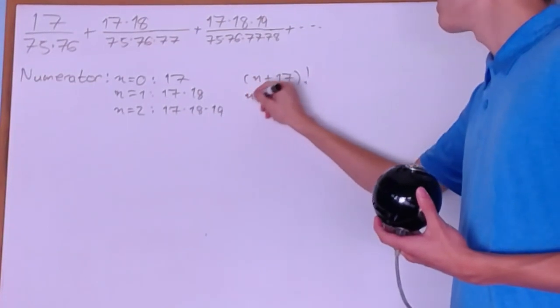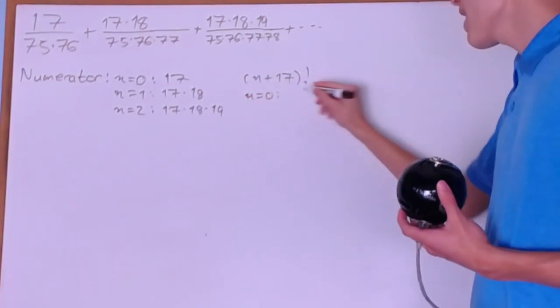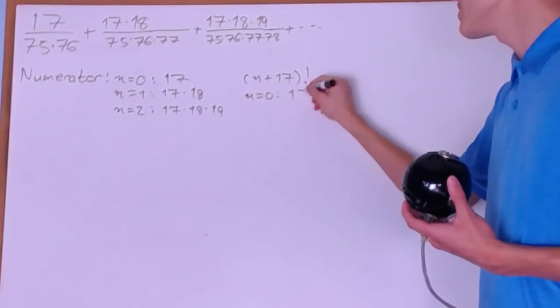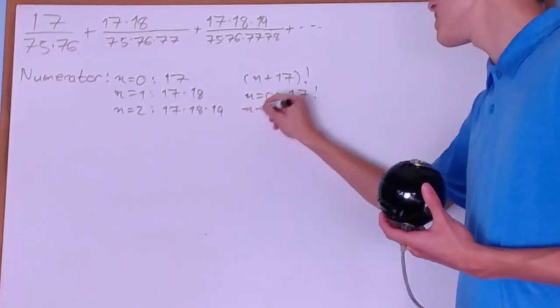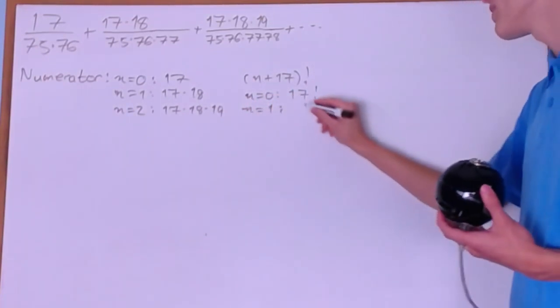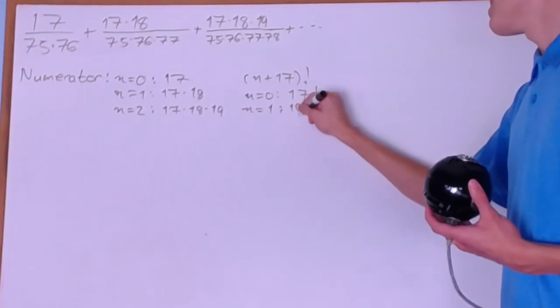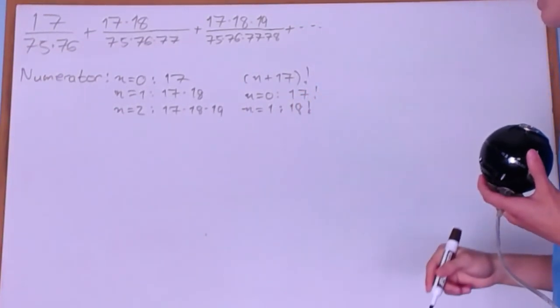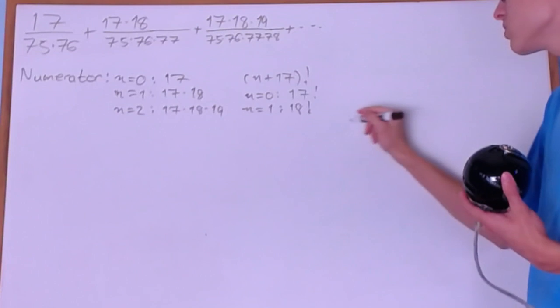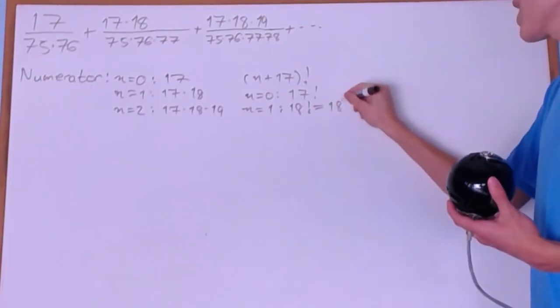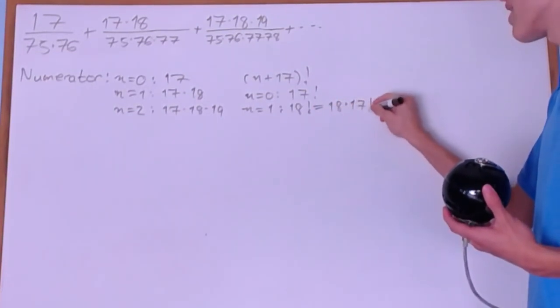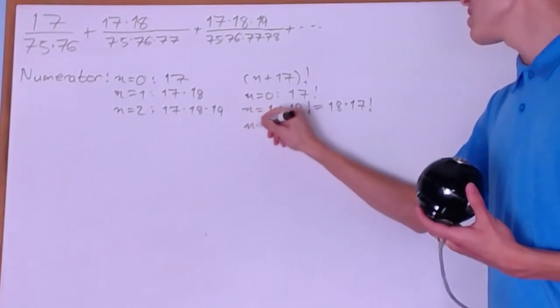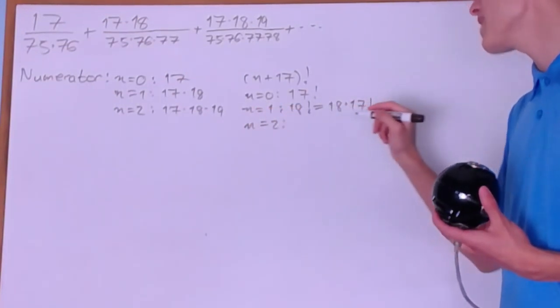Because at n equals 0, what will we have? We'll have, well, 17 factorial. At n equals 1, what will we have? Well, we'll have 18 factorial, or 17 plus 1 factorial, which is the same as 18 times 17 factorial. And then at n equals 2, what will we have?